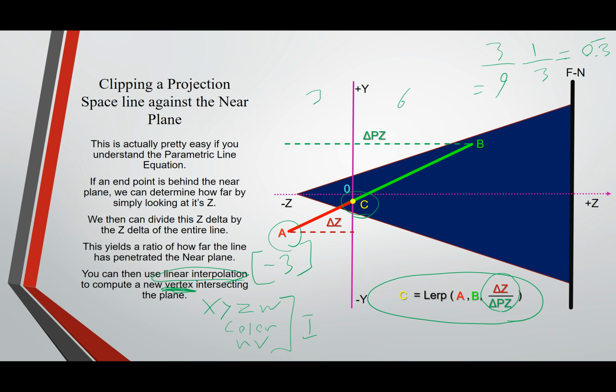So this isn't NDC. This is not view either. So this is homogeneous projection space, or just projection space for short. So this is our pre-W divide space, our projection space, after we've multiplied things by the projection matrix.